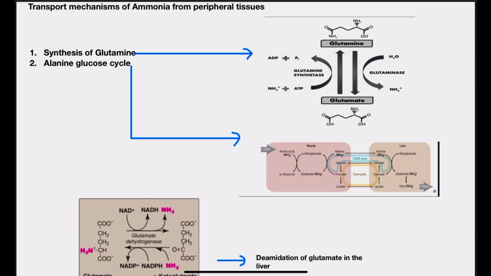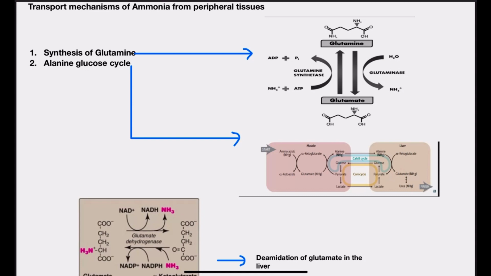Again, alanine forms pyruvate. Pyruvate undergoes reactions such as gluconeogenesis and becomes glucose. So we form glucose right here, and this glucose comes back into the muscle and gets reused. That's why it's called a cycle. And we form what? Glutamate.